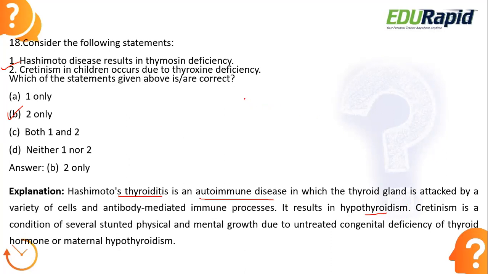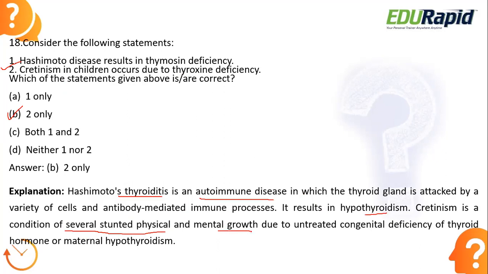But when we look at the second statement, cretinism in children occurs due to thyroxine deficiency. In cretinism, the children do not grow in height according to their age, and the BMR is affected. There is stunted physical as well as mental growth.